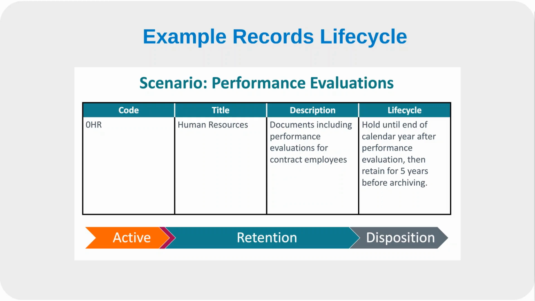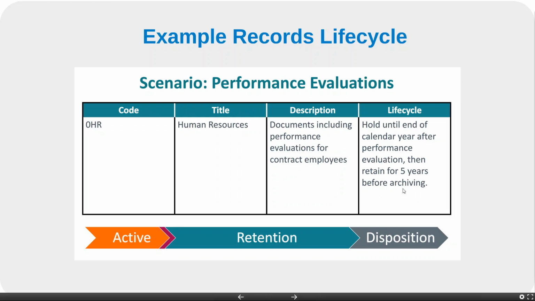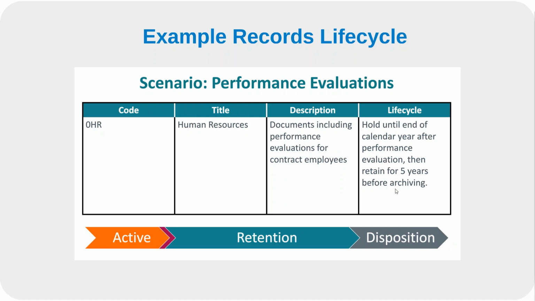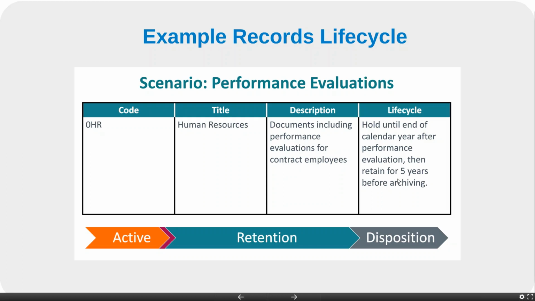And then once the event date happens and is entered, it would be kept in retention for 5 years. And the final disposition would be accession or archiving to that archive location. So those are the things that we would set up if we have something that looks like this.